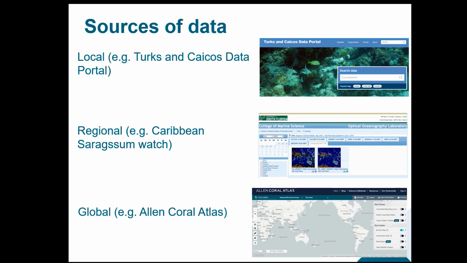I guess the global data sources might have wider spatial coverage, but you can in some cases lose the spatial resolution. And local data is obviously of most relevance, but in some cases might require intensive resources to regularly monitor in some places. And there's also more regional databases, so for example, Caribbean Sargassum Watch.